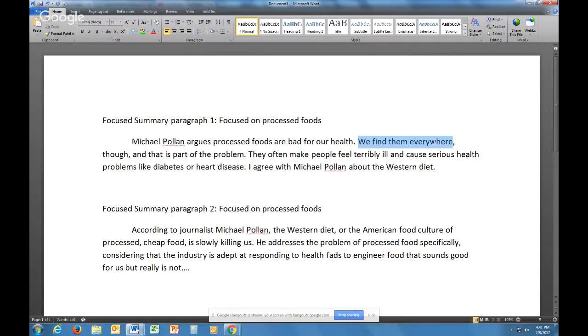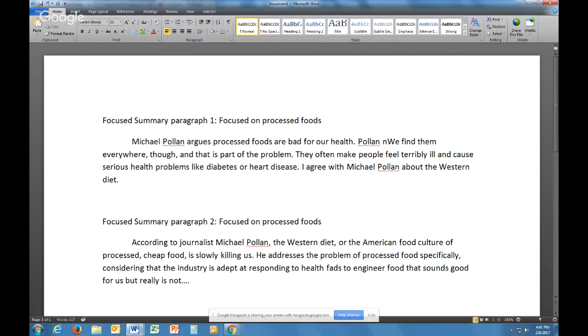And Michael Pollan does say we find them everywhere, and that's part of the problem. So you'd want to change this too, to reflect that this is an idea of Pollan's. Pollan notes how we find them everywhere, though, and that is part of the problem. Some of this he doesn't say.